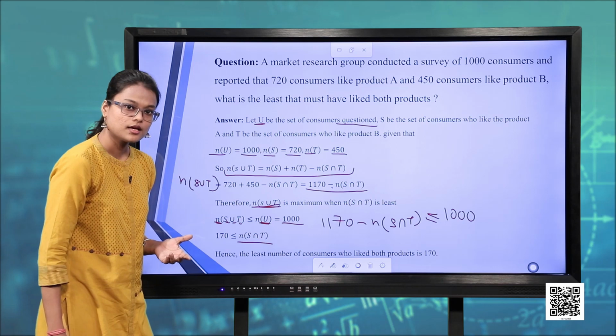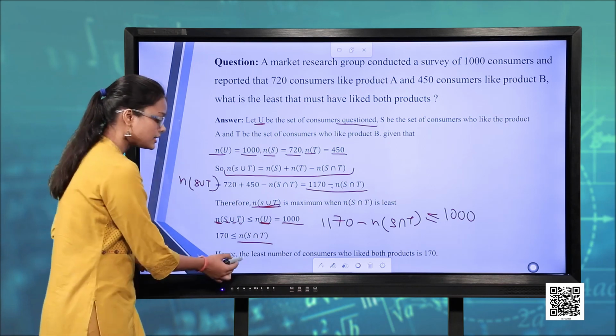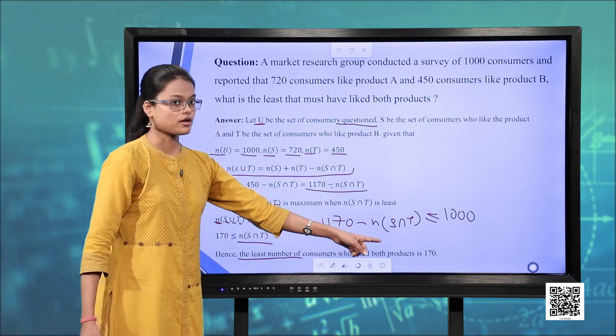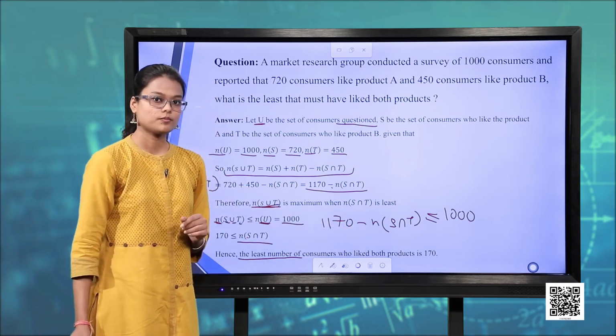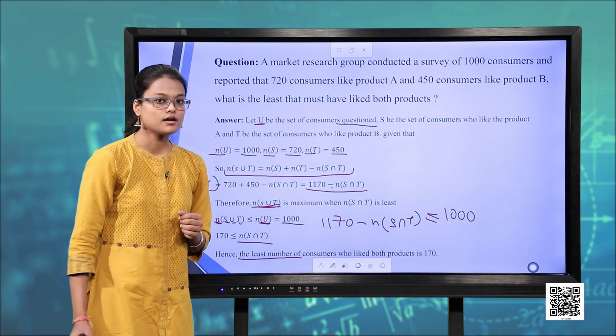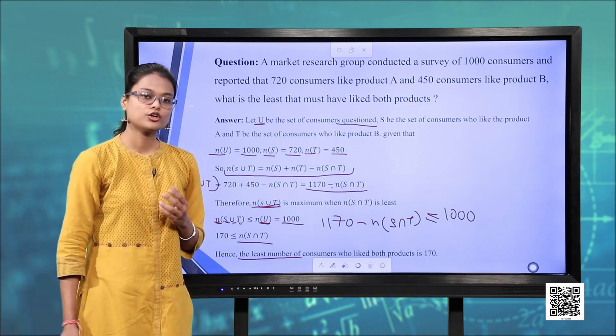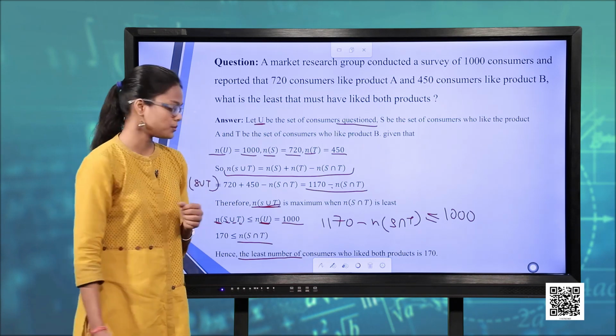What does that mean? That the least number of consumers who like both the products is 170. So, these are some of the practical questions that we have taken on union and intersection.